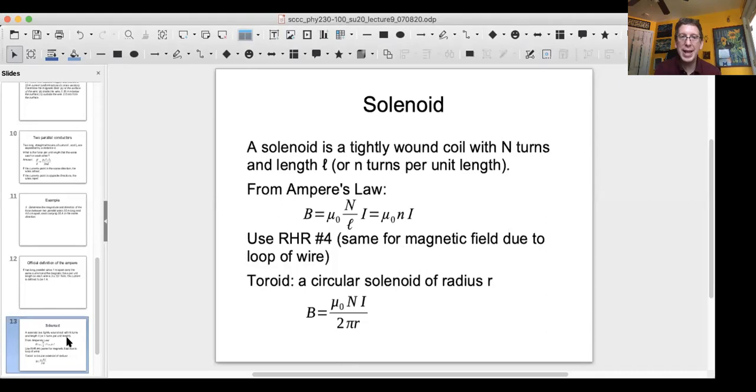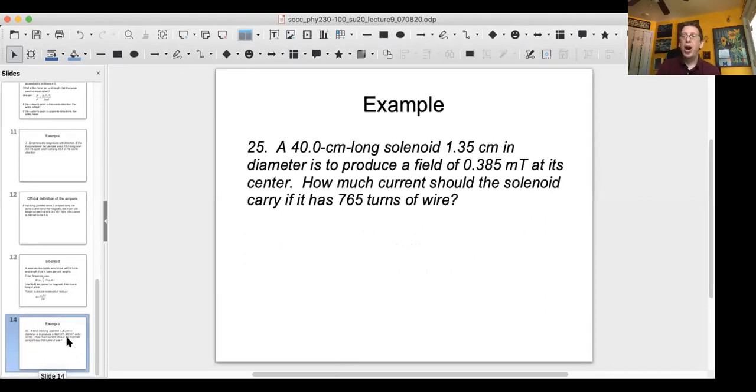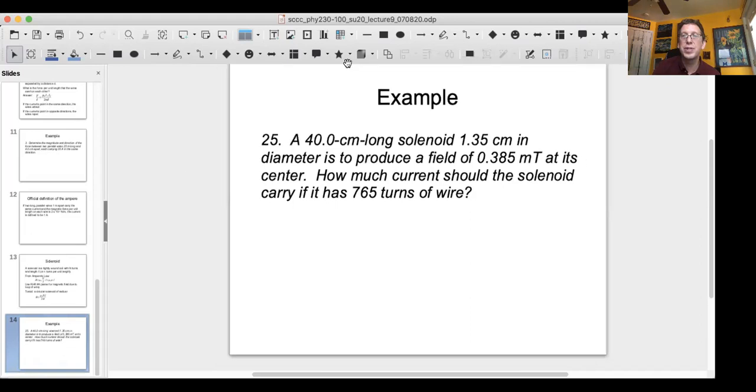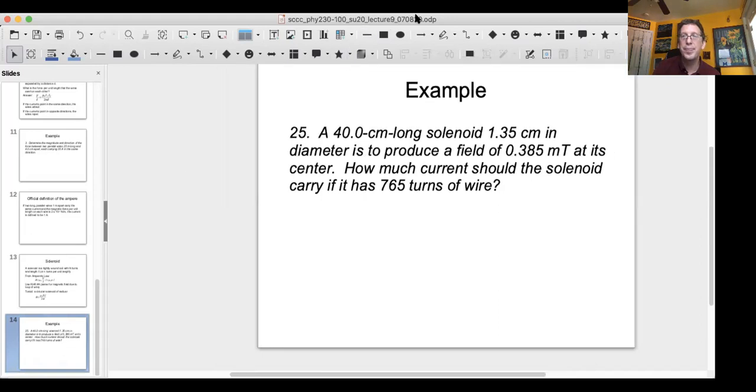Which brings us to one last example for today. A 40.0 centimeter long solenoid, 1.35 centimeters in diameter, is to produce a field of 0.385 millitesla, so that's 10 to the negative 3 tesla, at its center. How much current should the solenoid have if it has 765 turns of wire? So let's set up the equation for the solenoid.